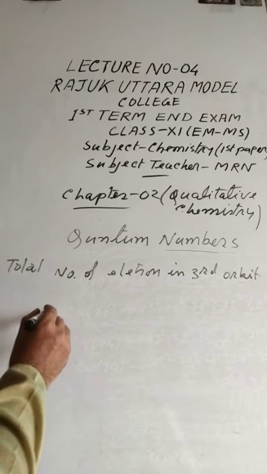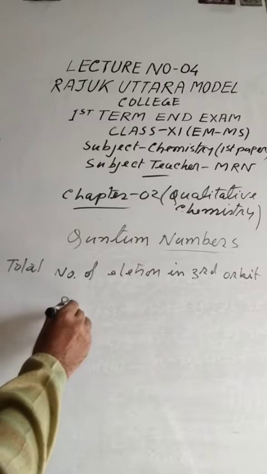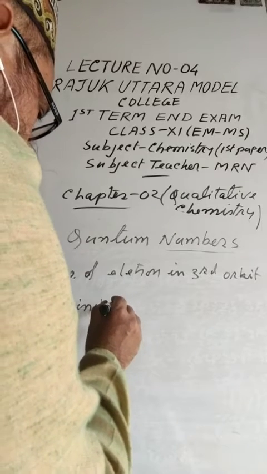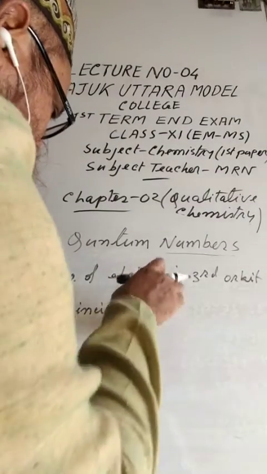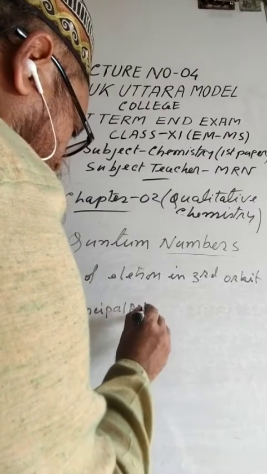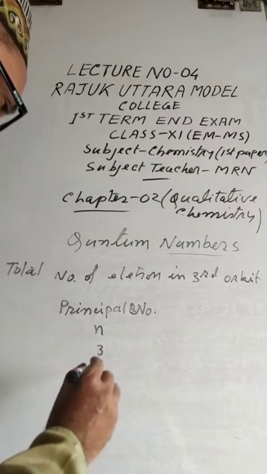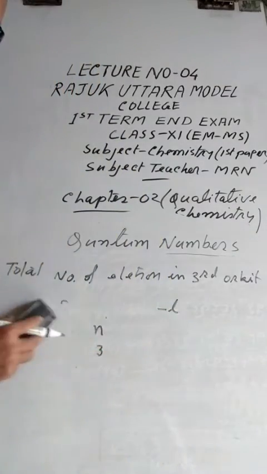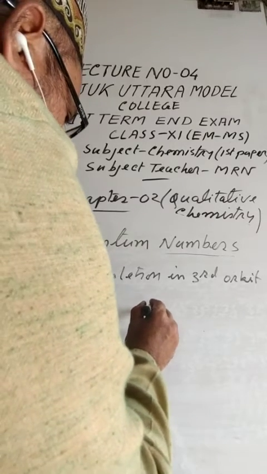The principal quantum number n is 3. Subsidiary quantum number l. It is better to write it out. Principal quantum number n is 3. Subsidiary quantum number l.